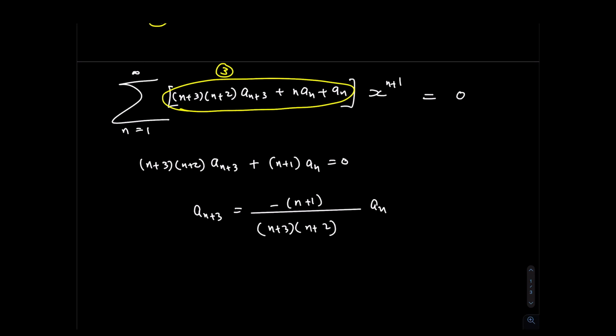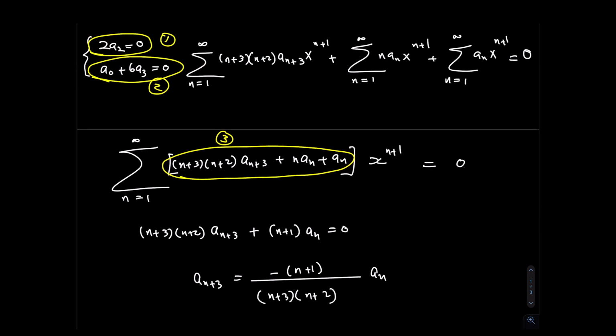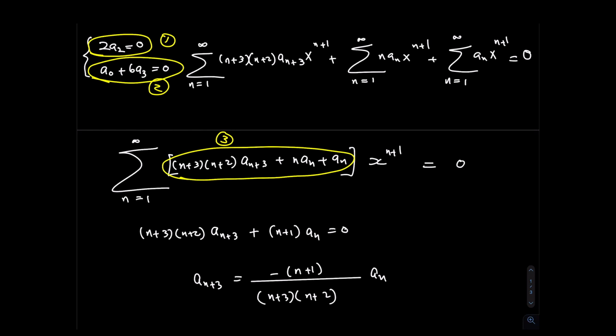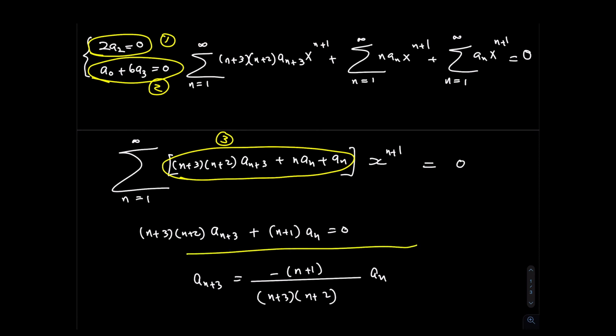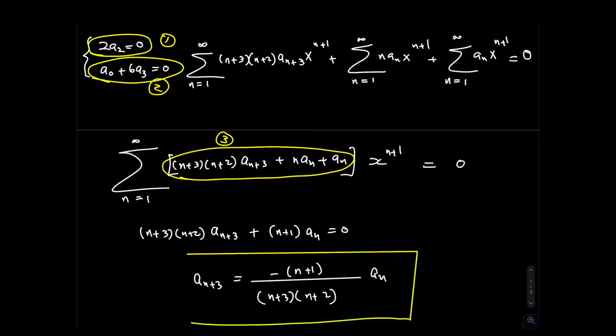So you have condition 1, condition 2 in yellow up there. And now here's my official third condition, the third equation I'm going to be using to find the rest of my constants or coefficients. Once I have that, then I have my solution.